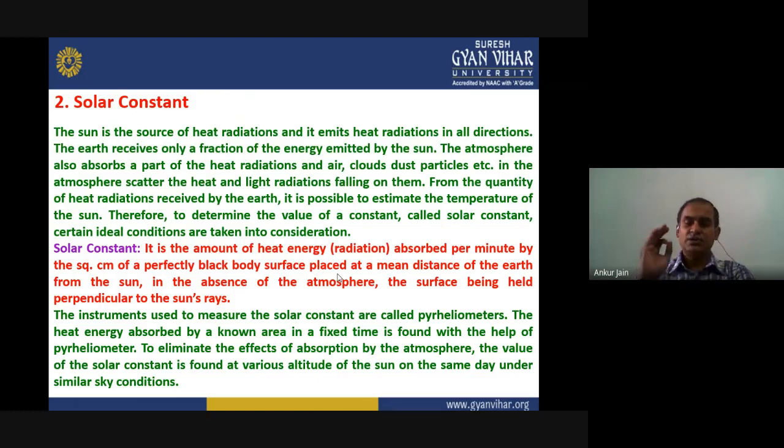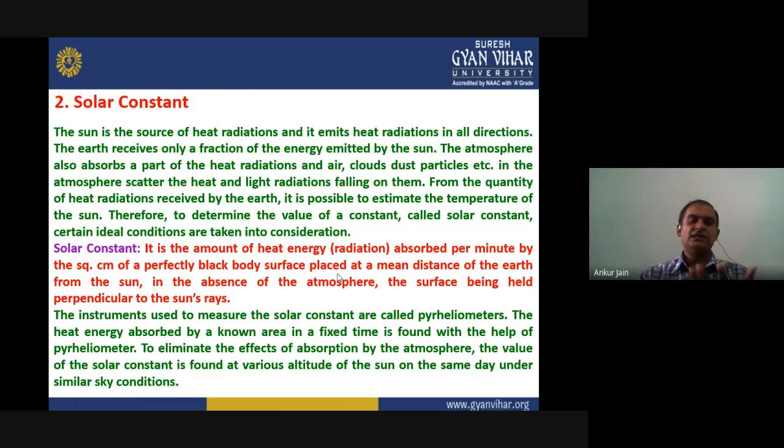So to determine the value of a constant known as the solar constant, some ideal conditions are taken into consideration. And for that, we need to define the solar constant. How can it be defined? It is the amount of heat energy absorbed per minute by a square centimeter of a perfectly black body surface.